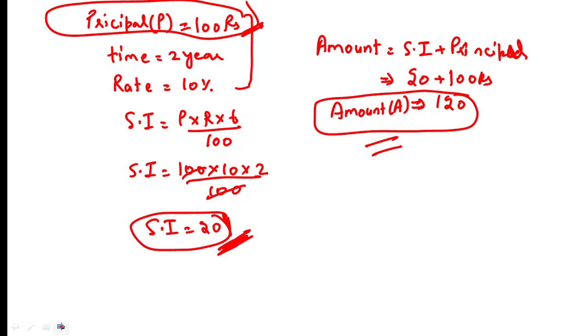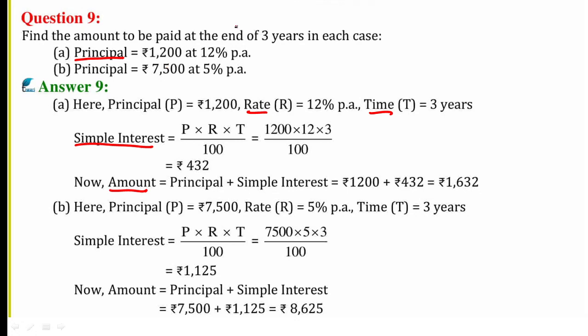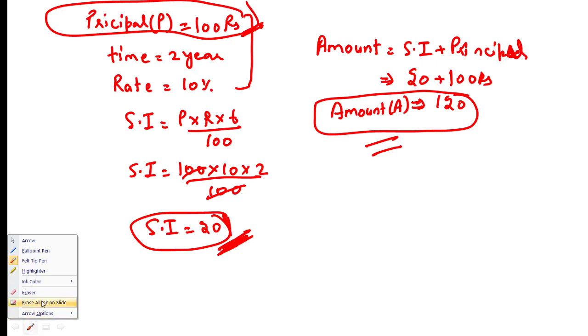Next we will do these questions. In the first question, the value of principal is given, that is 1200. Rate is given, that is 12% per annum.